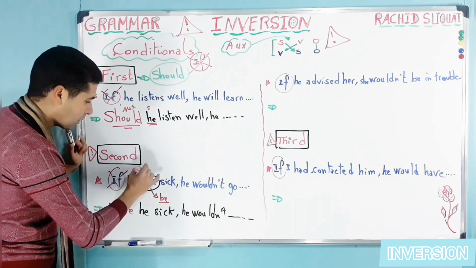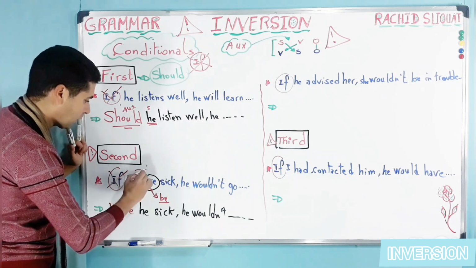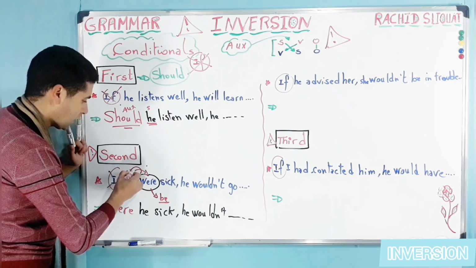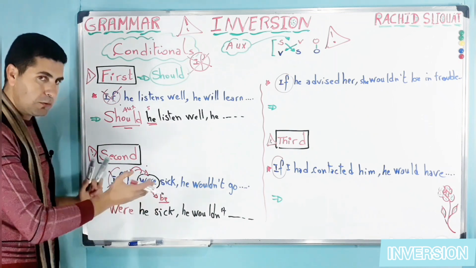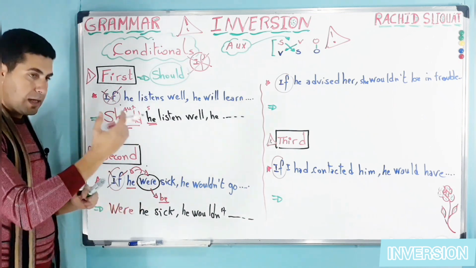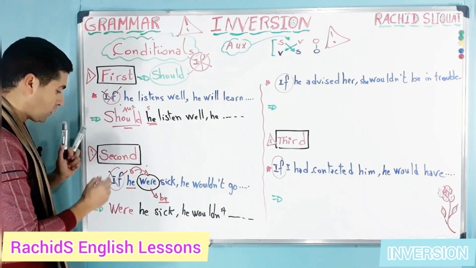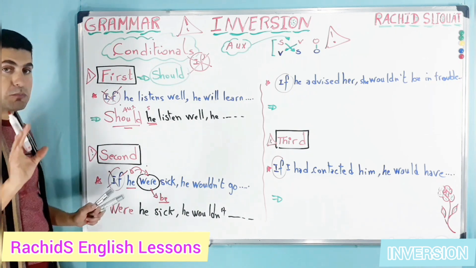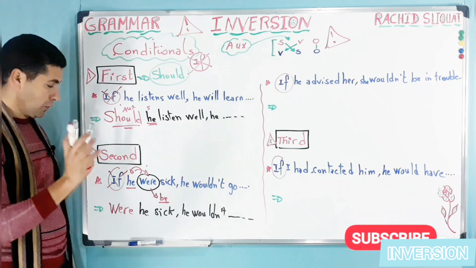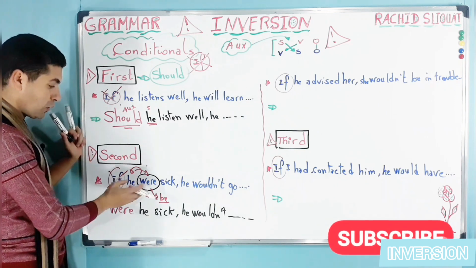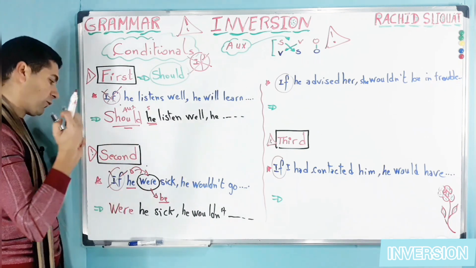This is the verb be actually, so we inverse this one with this. So were he, not he were. Were he sick, he wouldn't go to school. And the most important thing is that we remove if.